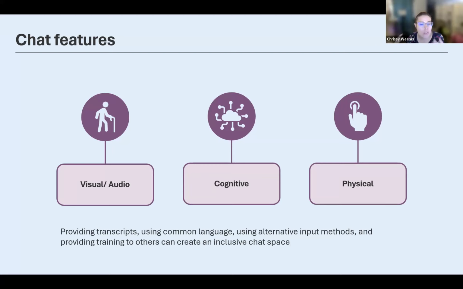There are a lot of resources out there, but it's really important to also train the team, right? Anybody who's moderating chats, anybody who's running meetings and videos and things like that, to understand the accessibility features that are out there, to understand how to communicate those to people, and to create that welcoming environment where everybody feels like they can participate.